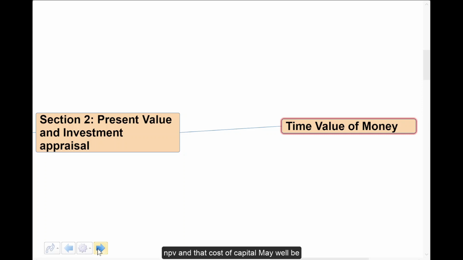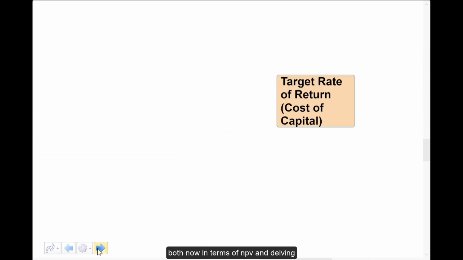And that cost of capital may well be the business's cost of capital. And just as a reminder, when I say the business's cost of capital, I'm obviously talking about the cost to the business of raising finance, whether that's debt or equity or a combination of both.